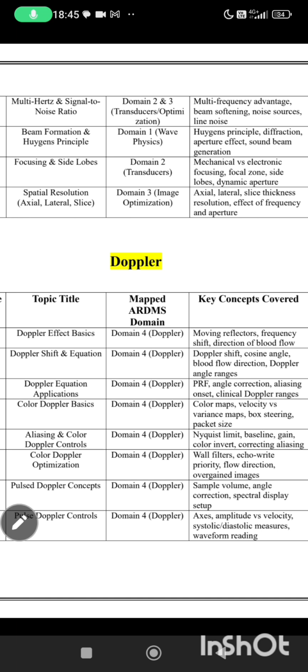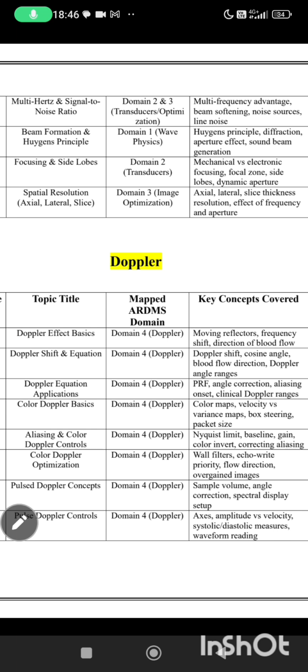And what happens in aliasing? Super important, and it's very simple. Blood velocity becomes very high. So Doppler shift is very high because Doppler shift is directly related to the blood velocity. And our system's ability to measure it reduces.